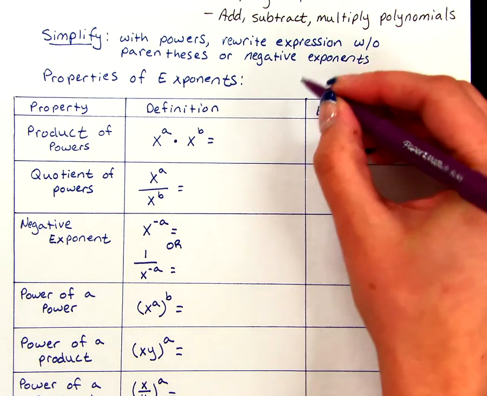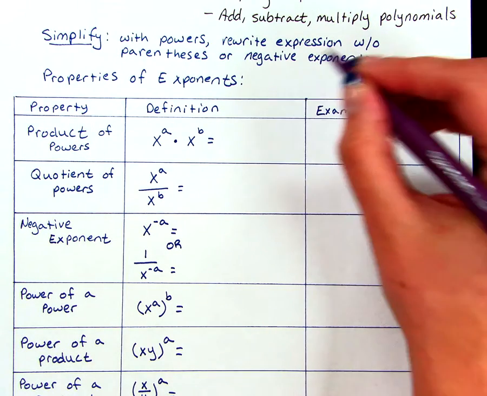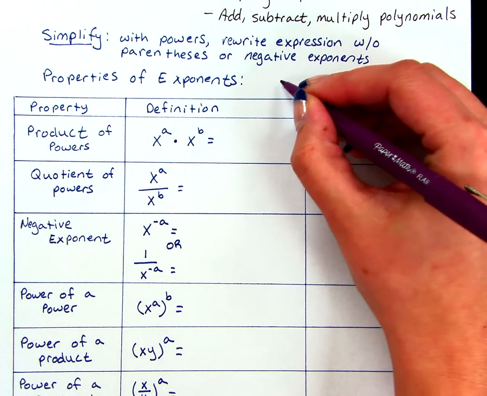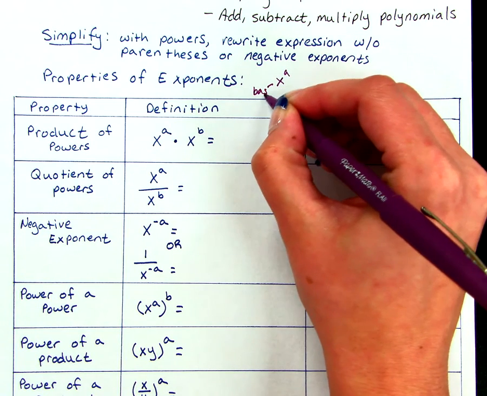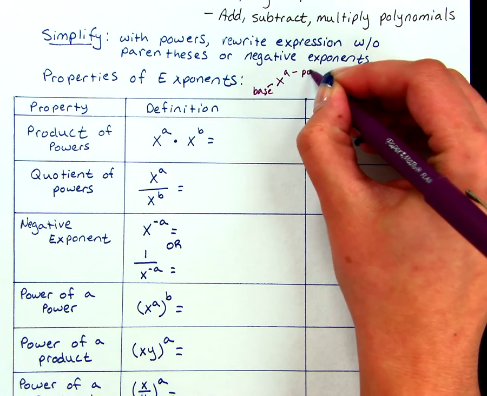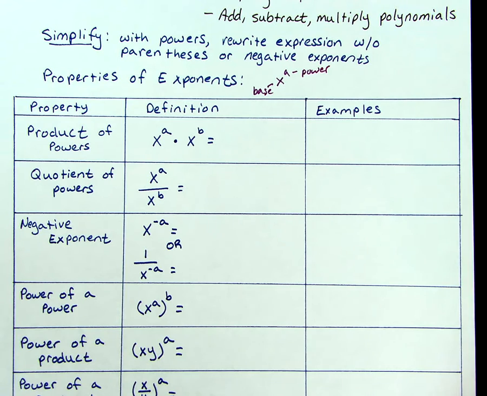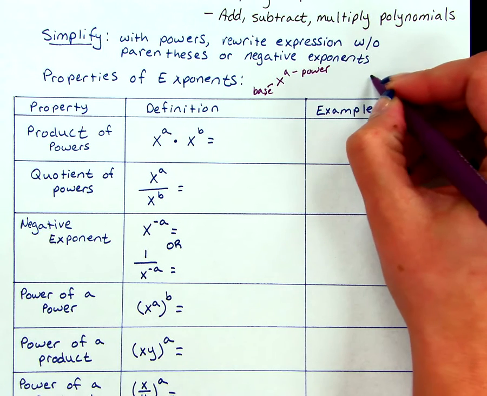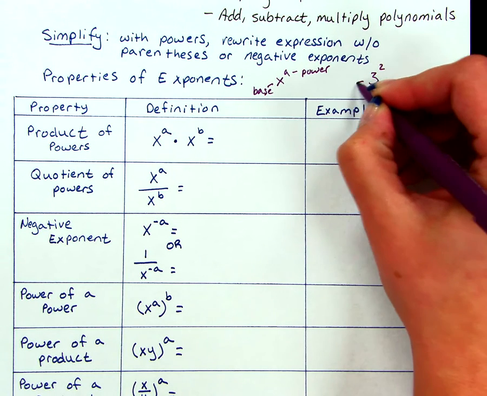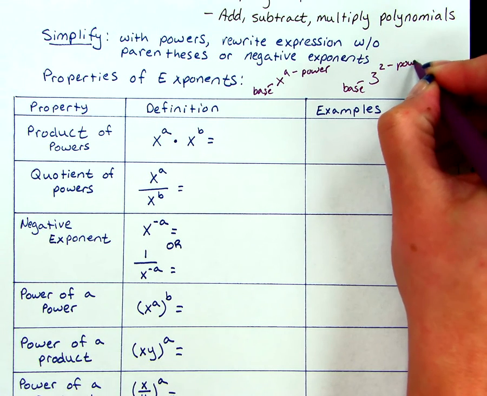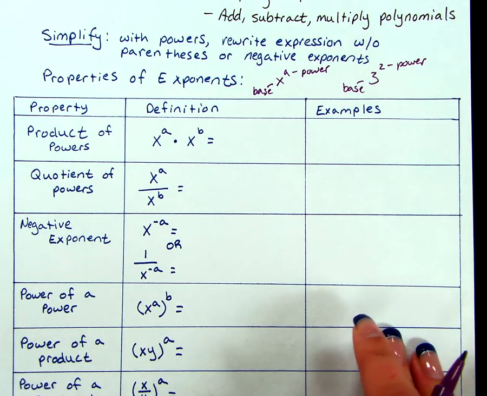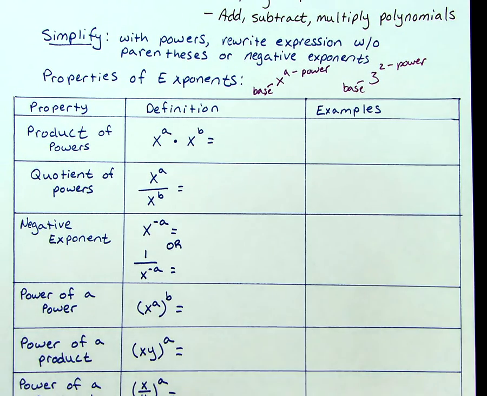So when we're talking about the power and the base, if I have x to the a power, the x is the base, a is your power. Okay. Even with numbers, so let's say I had 3 squared, the base is 3, 2 is your power. Okay. So anytime we're simplifying, our base has to be the same, otherwise we're not allowed to simplify.